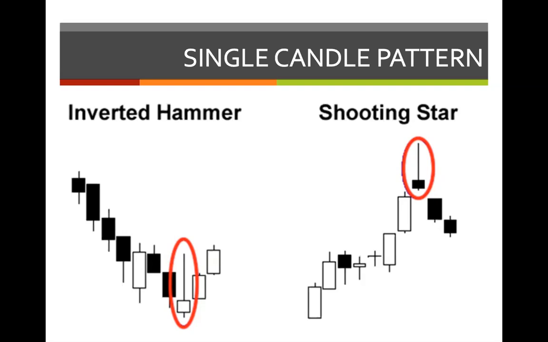But if this was a 4 hour candle and you see a shooting star, I would just look at a smaller time frame and jump in, because you can't wait for 2 more candles on a 4 hour chart. That means you're going to wait for 8 more hours. So it doesn't make any sense.